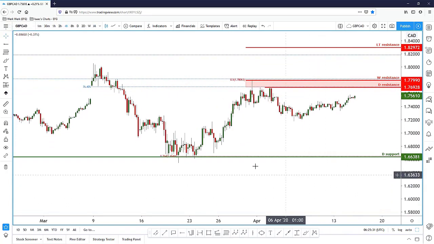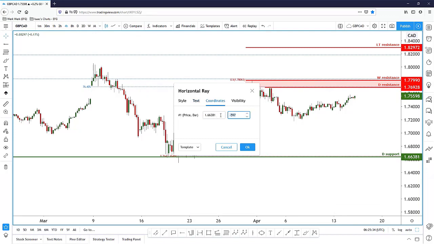The weekly support is too far away, so we can remove it for now. Let me tidy this up.